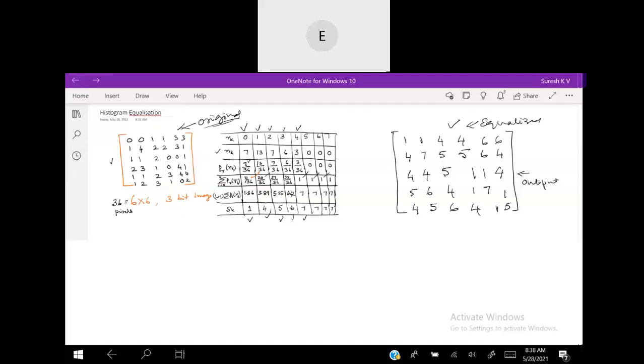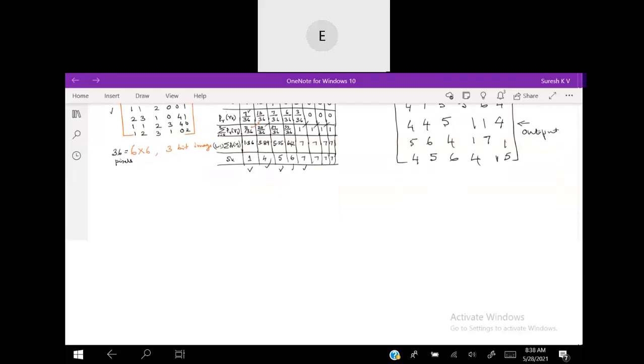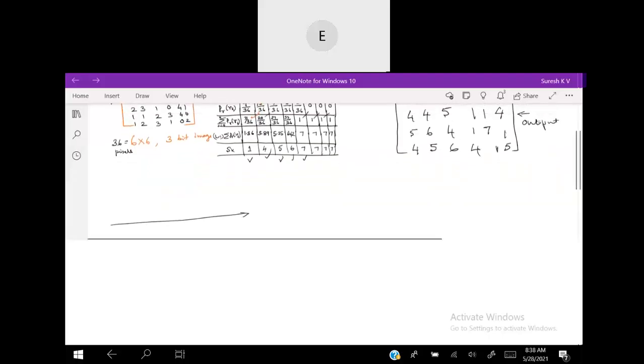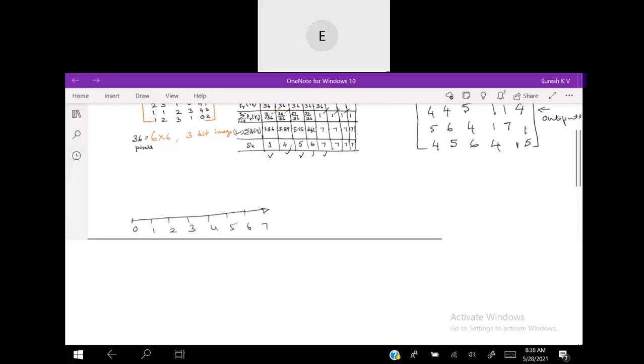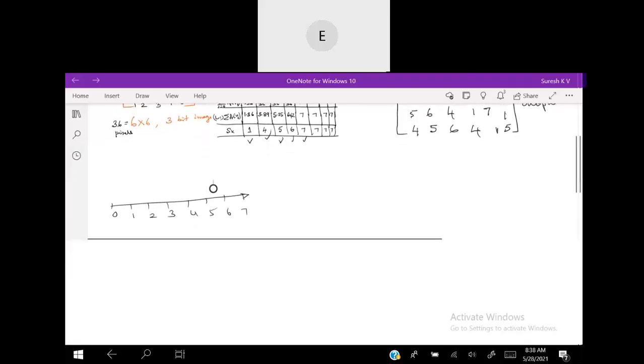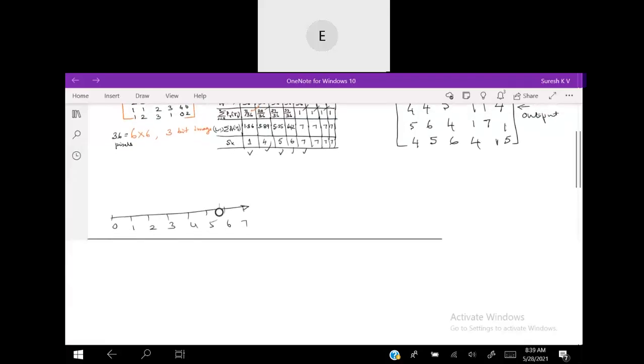Now to see what we have done, let us try to plot the histogram of the input image. So it will be 0, 1, 2, 3, 4, 5, 6, 7. This would be the input range. What is the probability of 0? Can somebody tell me?